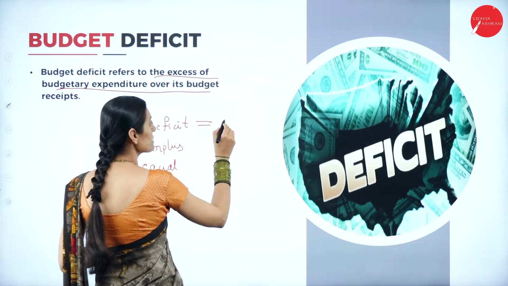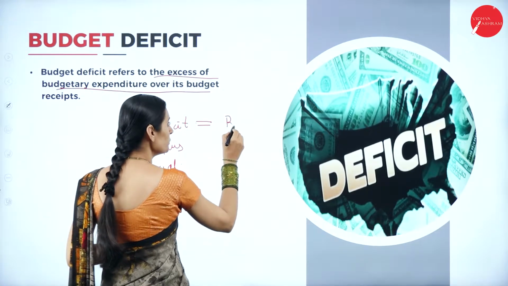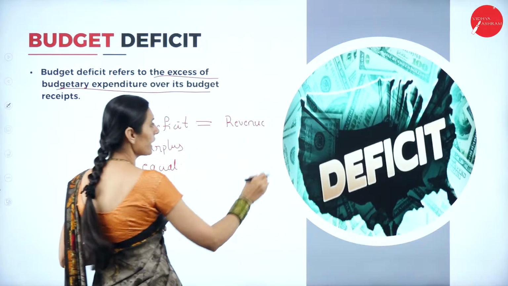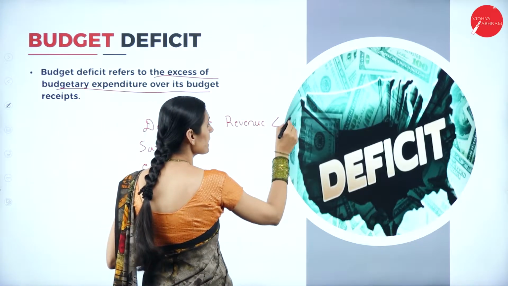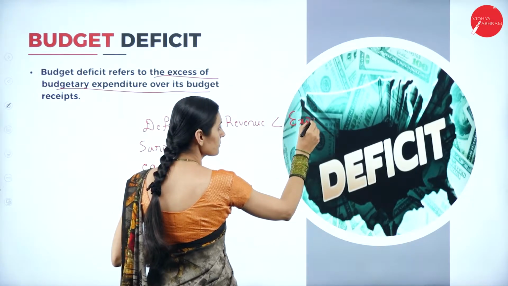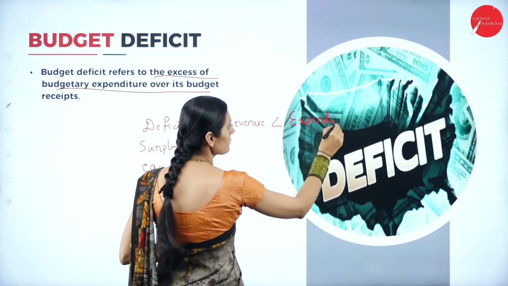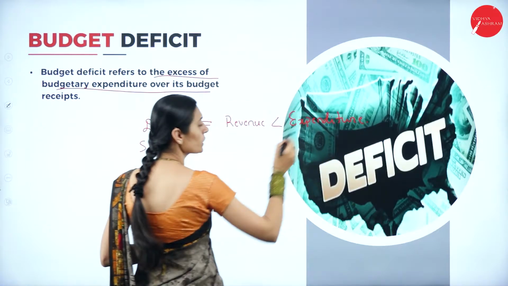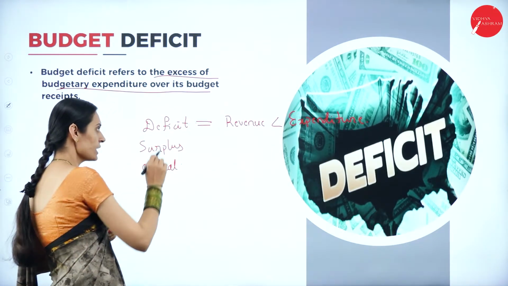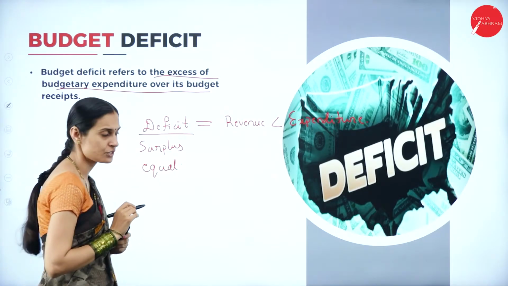Deficit means that revenue is less than expenditure. When revenue is less than the expenditure, it is considered a deficit.